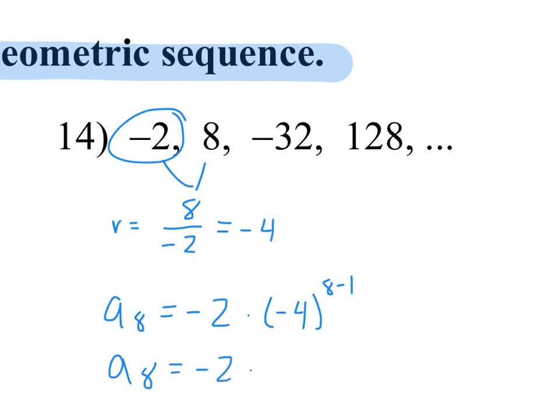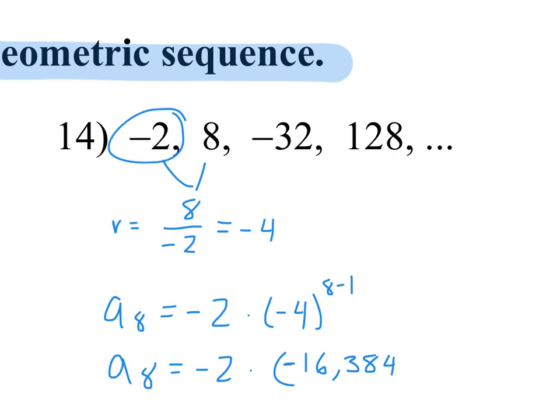So -2 times -4 raised to the 7th power. -4 to the 7th power is 16,384.